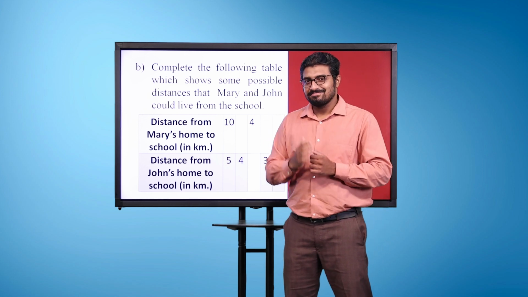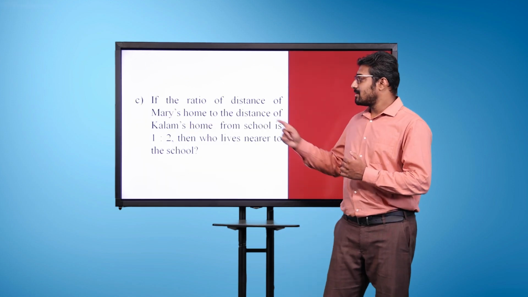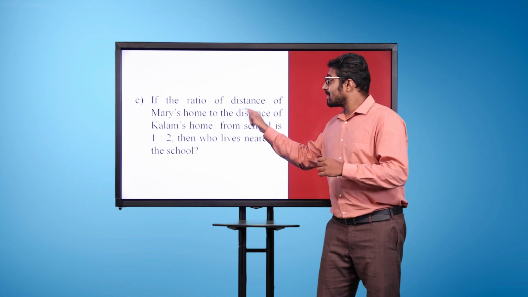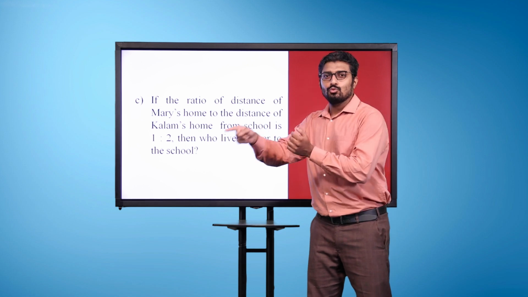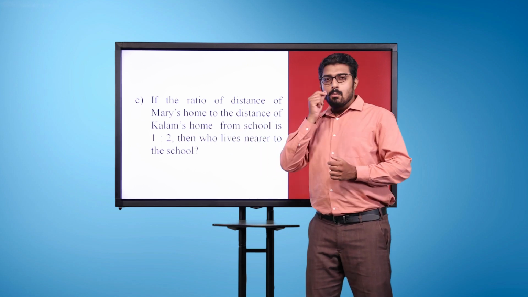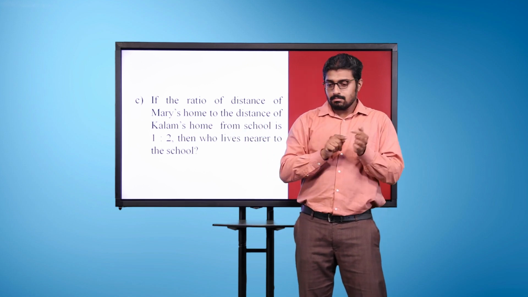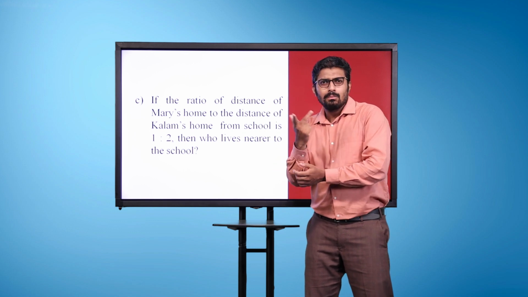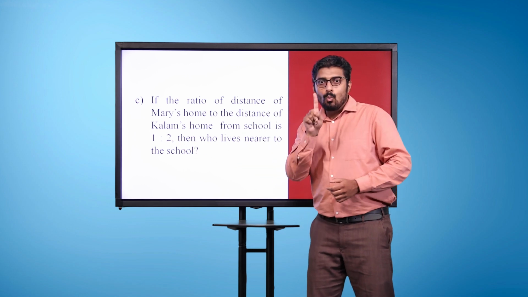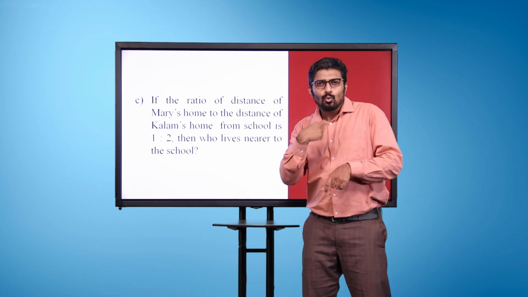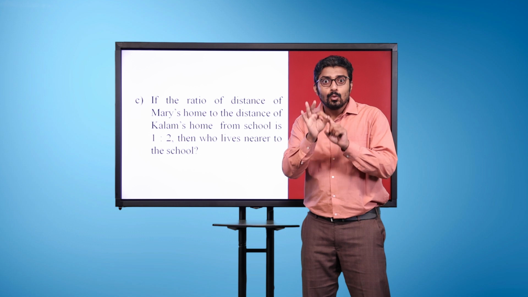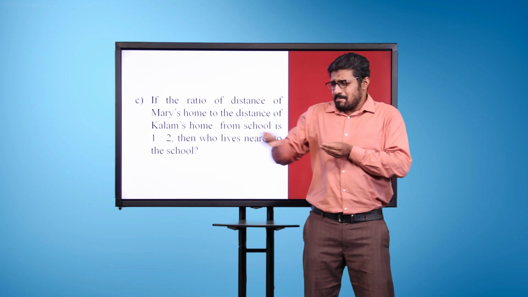Fill in the blanks. C. If the ratio of distance of Mary's home to the distance of Kalam's home from school is 1:2, then who lives nearer to the school?